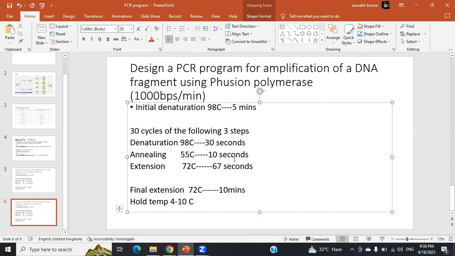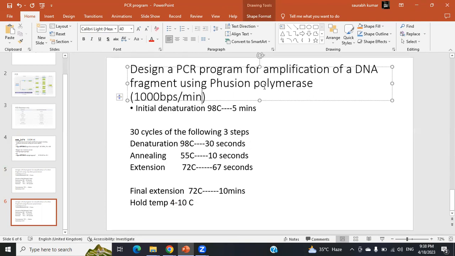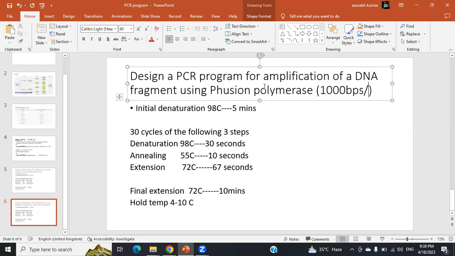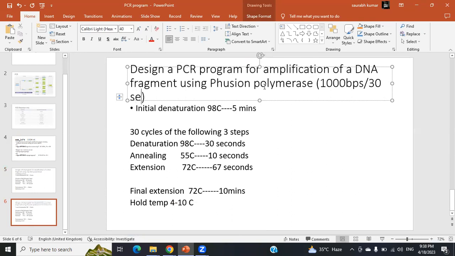Annealing is going to be identical because this is based on the TM of the primers. And for extension, the temperature is going to be identical, that is 72 degrees Celsius. However, the time is going to decrease here because fusion polymerase can amplify 1000 base pairs in 30 seconds.